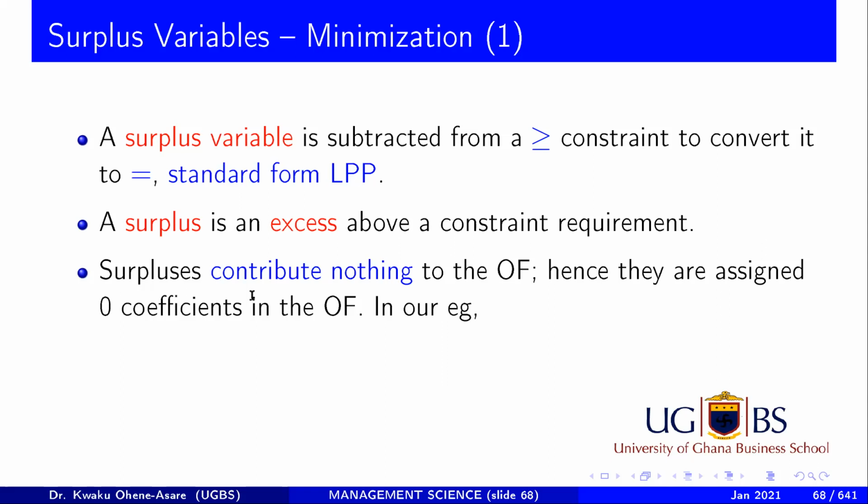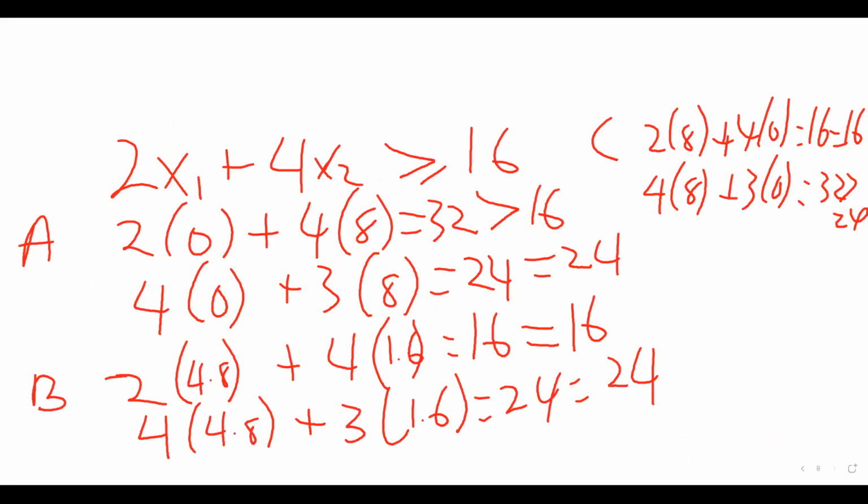And so they do not contribute anything to the objective function. In the minimizing objective function, they don't contribute. And so the same way we will assign them a 0 value when we add them in the z function. So I'm going to write that, and then we just establish the difference in the two of them.